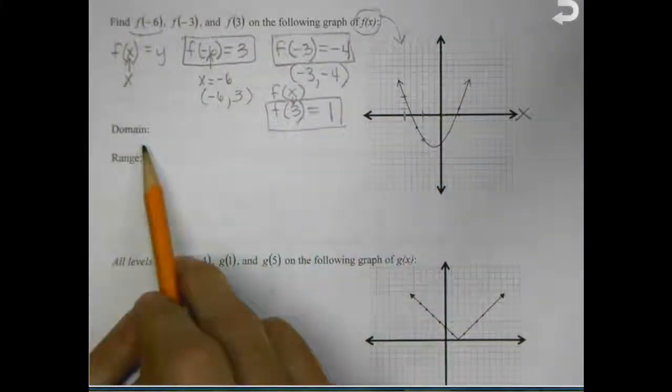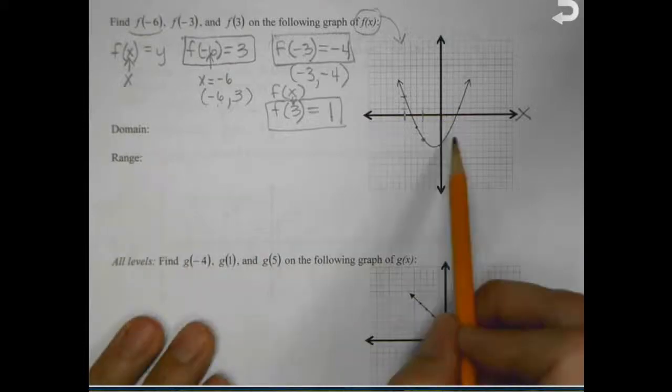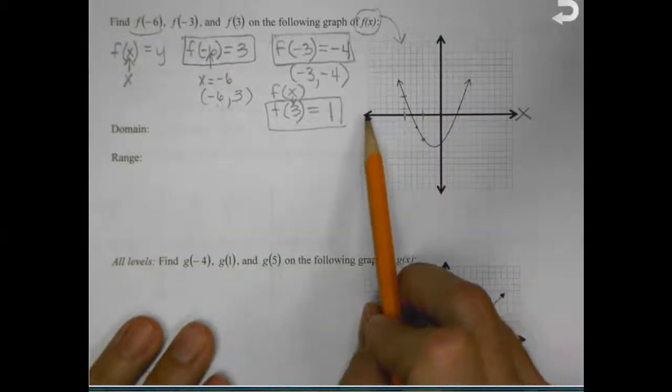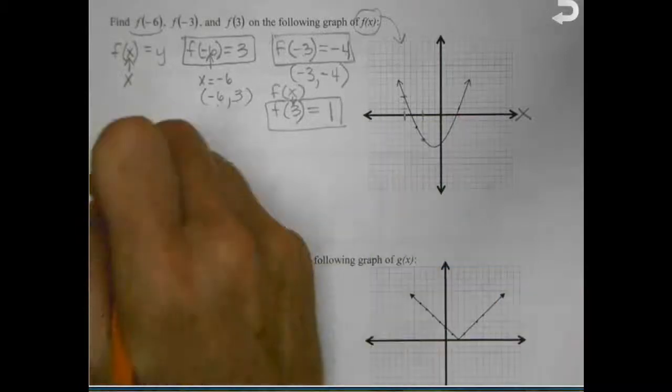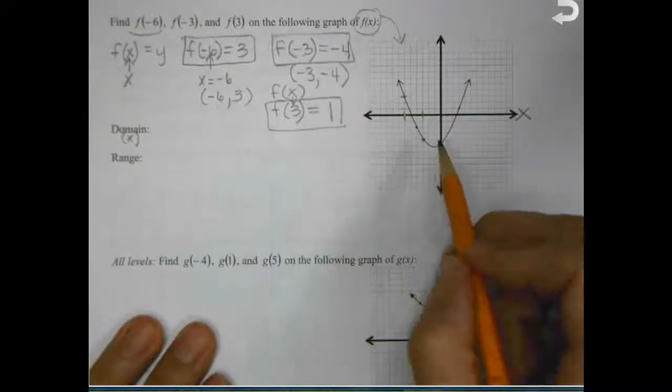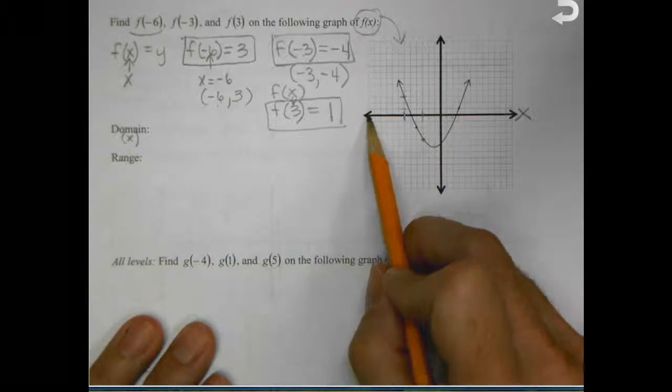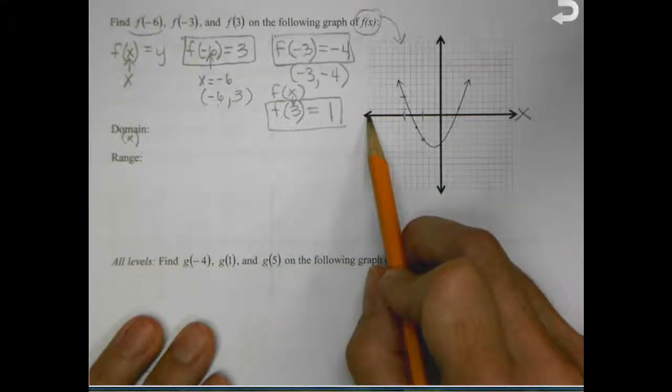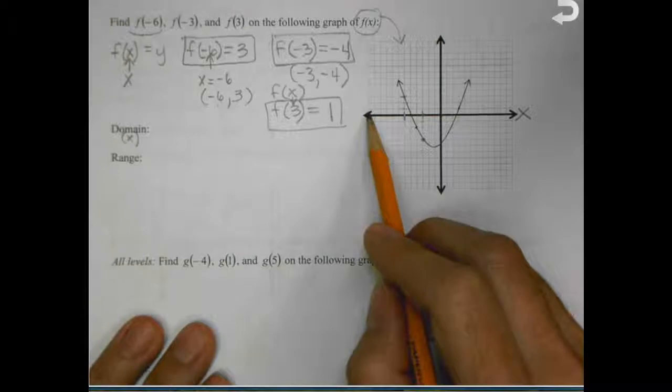Now the last thing I need to find is the domain for this. This is a parabola, and the domain I can find by thinking about values of x, because these are the values of x. And if I'm over here at -infinity, will I eventually be able to move up or down and find a point on my graph?